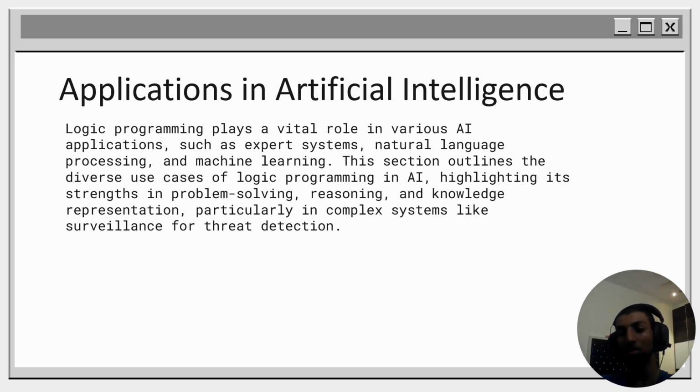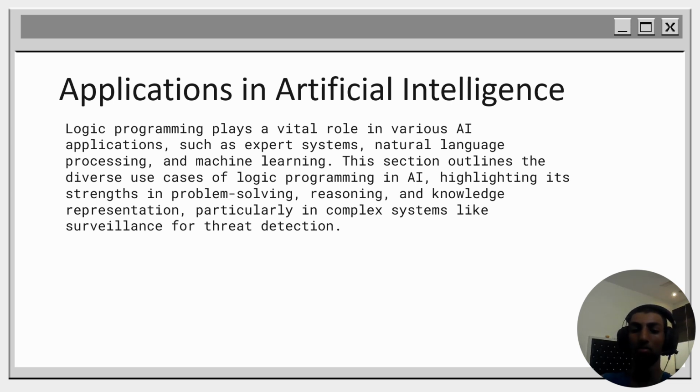Logical programming is widely applied in AI for surveillance, robotics, expert systems, and natural language processing. Example: in surveillance, detecting unusual movements or gatherings, recognizing faces and identifying blacklisted individuals, predicting threats based on historical patterns.